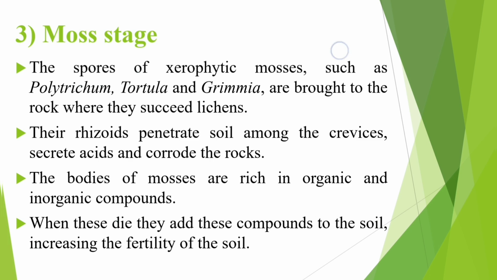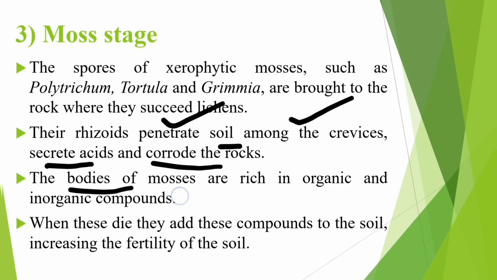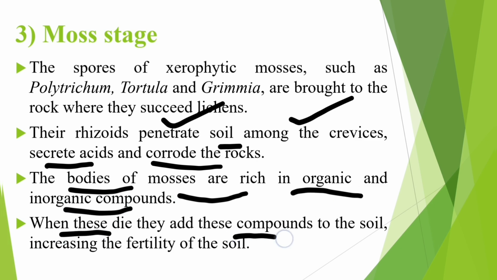They have rhizoids, a false root or root-like organ. Their rhizoids penetrate the soil among the crevices, secrete acid and corrode the rock. The bodies of mosses are rich in organic and inorganic compounds. When they die, they add these compounds to the existing soil, increasing the fertility of the soil.